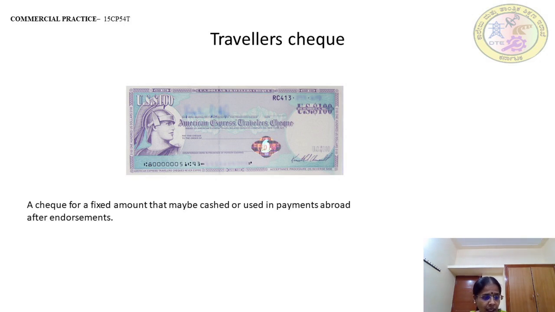That means you have a check of a fixed amount which you carry abroad, and there you can use this check on the signature of the holder for making payments. So the banker issues these traveller's checks to its customer to make his correspondence easy when he moves abroad.